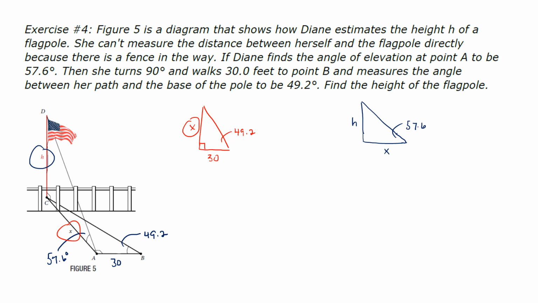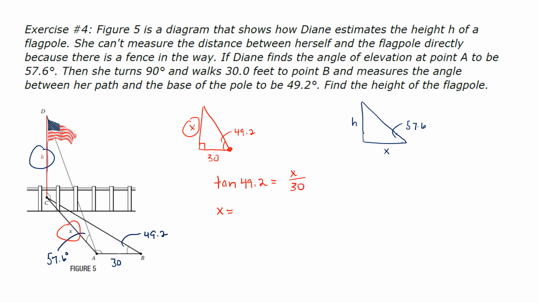So let's find X. To find X, we know from our point of view, for our angle 49.2, X is opposite, and we have an adjacent side. So we can use tan of 49.2 equals X over 30.